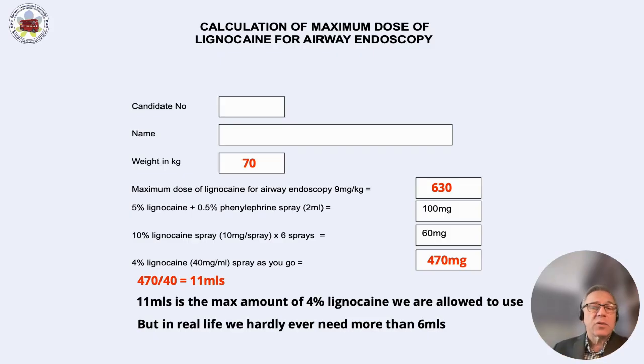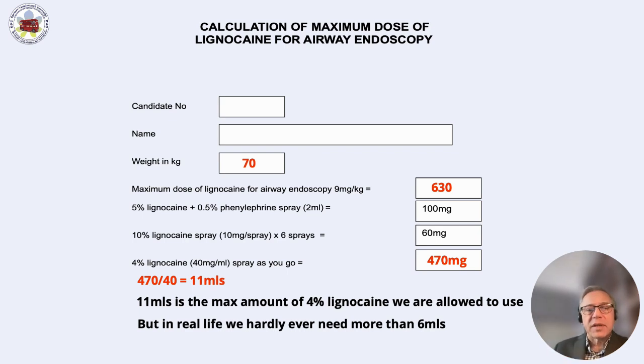Okay. Now let's talk about the maximum doses. The maximum dose of topical lidocaine is 9 milligrams per kilogram. On this slide, you can see that if your patient is a standard 70 kilograms, then your maximum allowed dose is 630 milligrams. In the vial of 5% lidocaine with phenylephrine, we have 2.5 mls, but you can only deliver 2 of it, so that's 100 milligrams already.